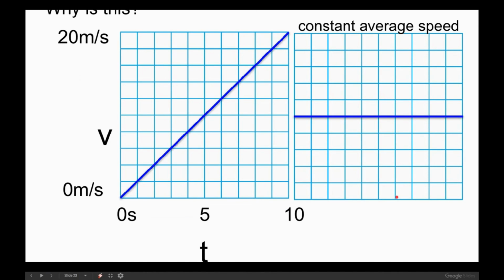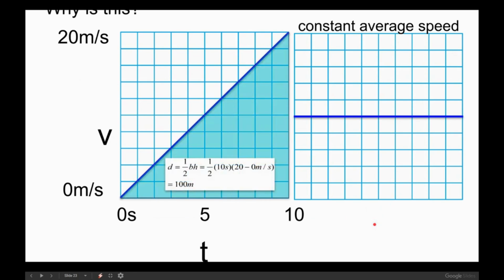Watch here. If this person went from 0 to 20 in 10 seconds, then the area under this curve is a half base times height. Gives us a 100 meters journey. What's the average speed between 0 and 20? It's 10.